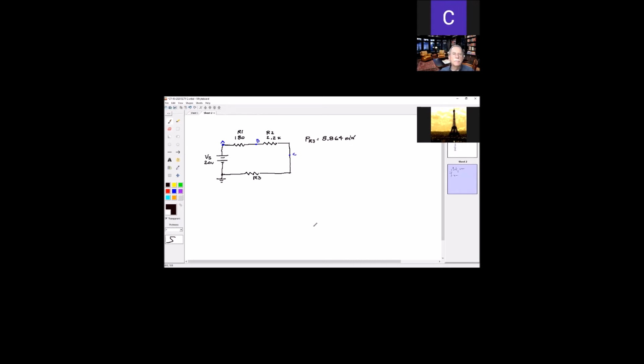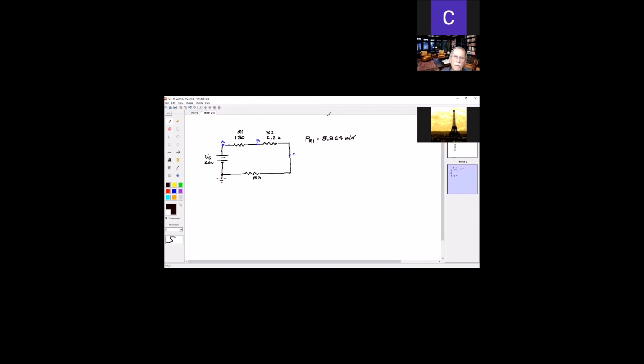Okay, so there's a 3 resistor circuit. P sub R1 is 8.864 milliwatts.